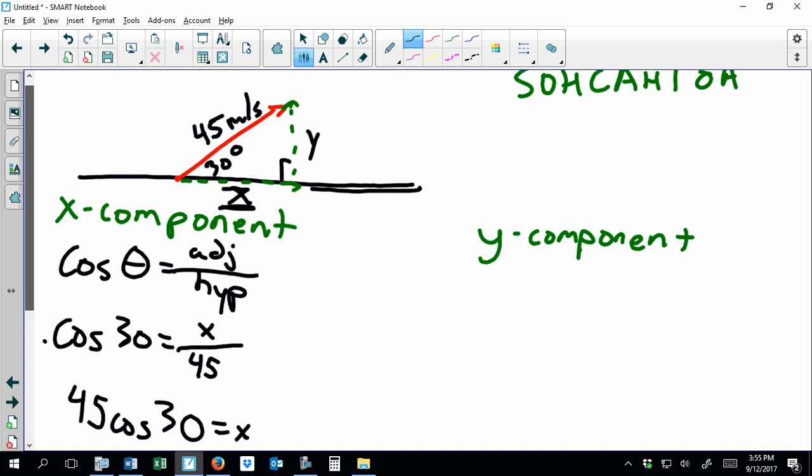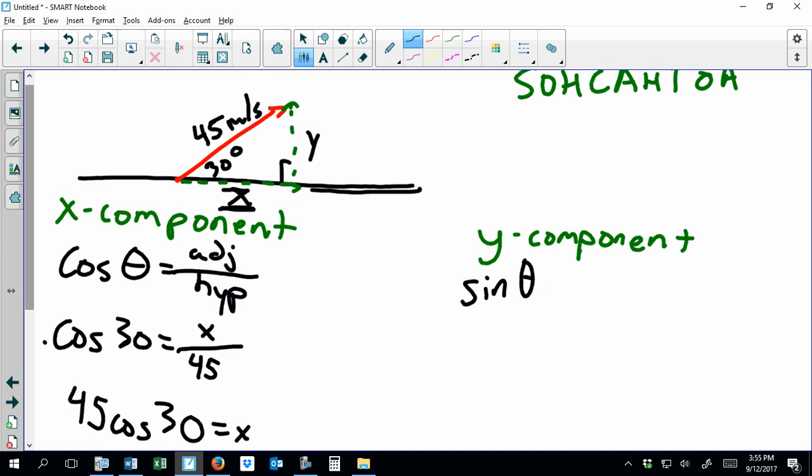So again, here now I'm working with y. That is the sine of the angle, because I'm working with my opposite side and my hypotenuse. So the sine of the angle is the opposite over hypotenuse, SOH, sine opposite hypotenuse.